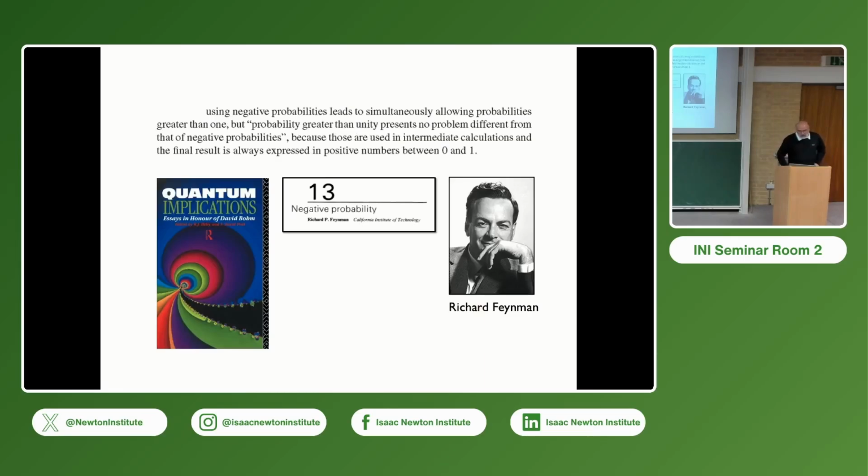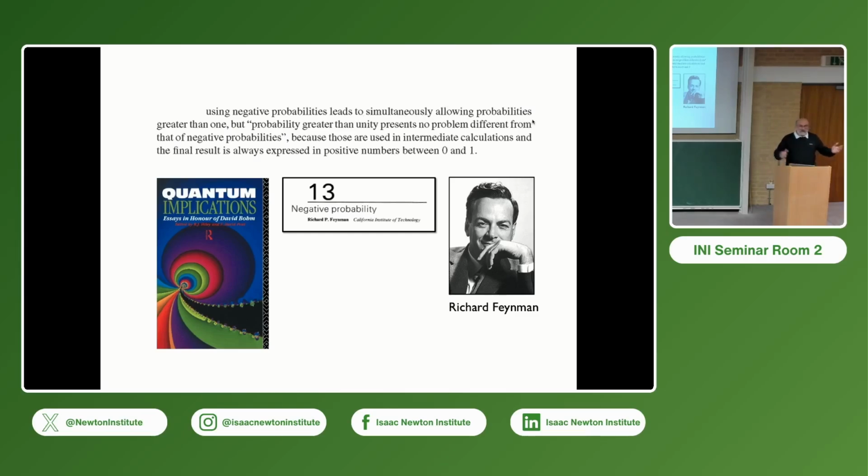And now Feynman came to this much later, and probably he knew about the previous attempts, and he wrote a chapter for this volume in honor of David Bohm, chapter 13, negative probability. And another nice remark: negative probabilities lead to simultaneously allowing probabilities greater than 1.